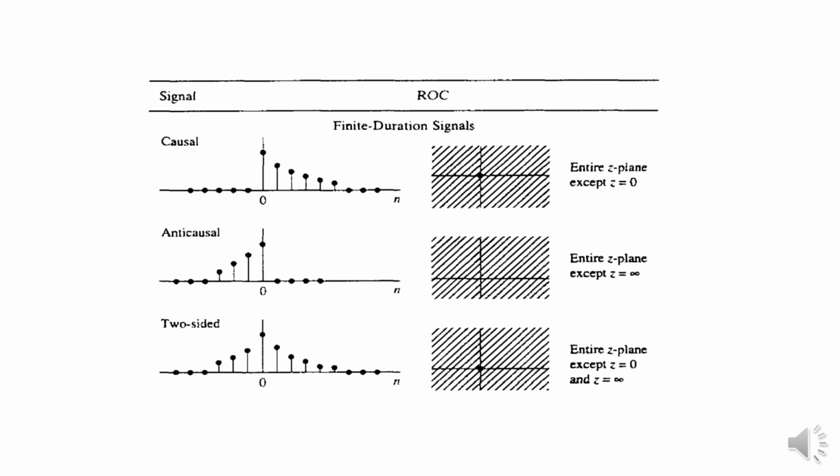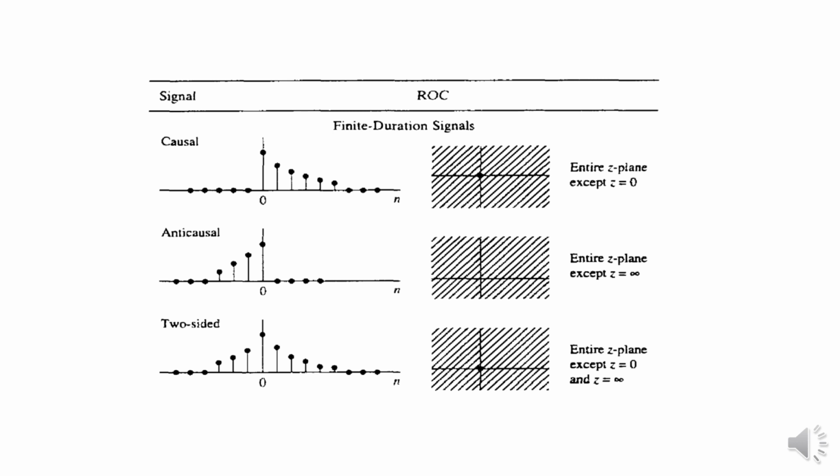Anti-causal means left-hand side finite sequence. So for n equal 0, -1, -2, likewise, only for negative values x[n] exists. For positive n values, x[n] is 0. You can see it in the figure.